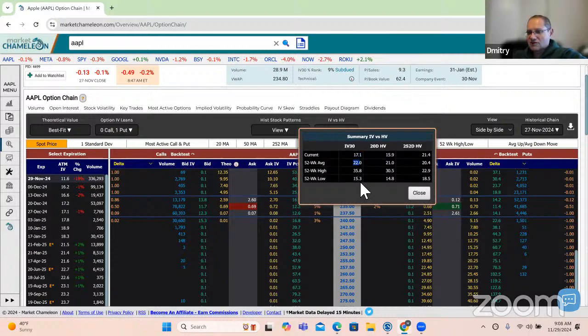If we took the last year's observations, trading days, and averaged all of them out, what do we get? Well, that's 22. And we can see quickly that 17.1 relative to 22 is below that average. So right now the implied volatility is below its 52-week average.